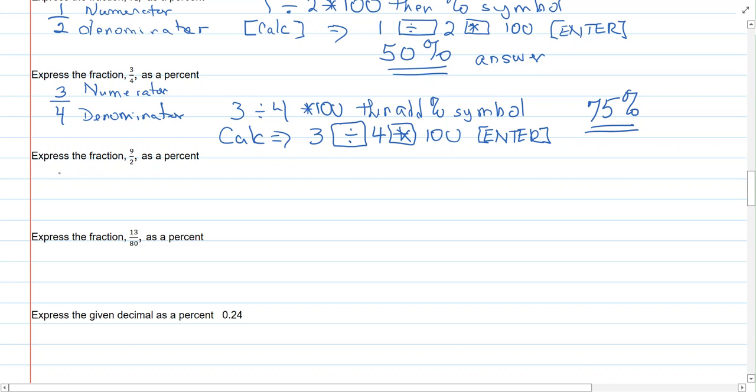Now we notice here that we have an improper fraction. So we know we have more than 1. If we did 9 divided by 2, it would be 4 and 1/2, right? 4 with 1 remainder, making it 4 1/2. But we already know that we need just the fraction. We know we're going to put in the 9 divided by 2.